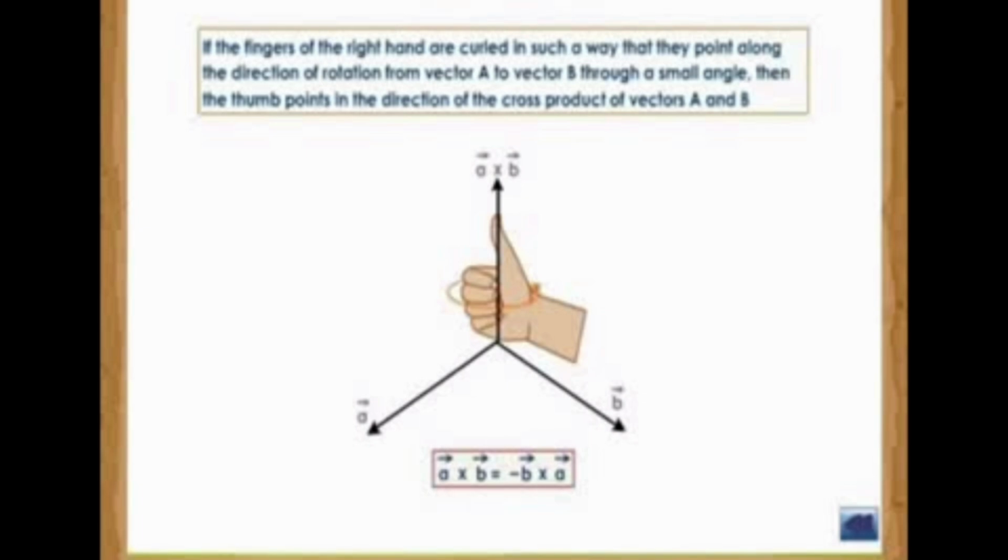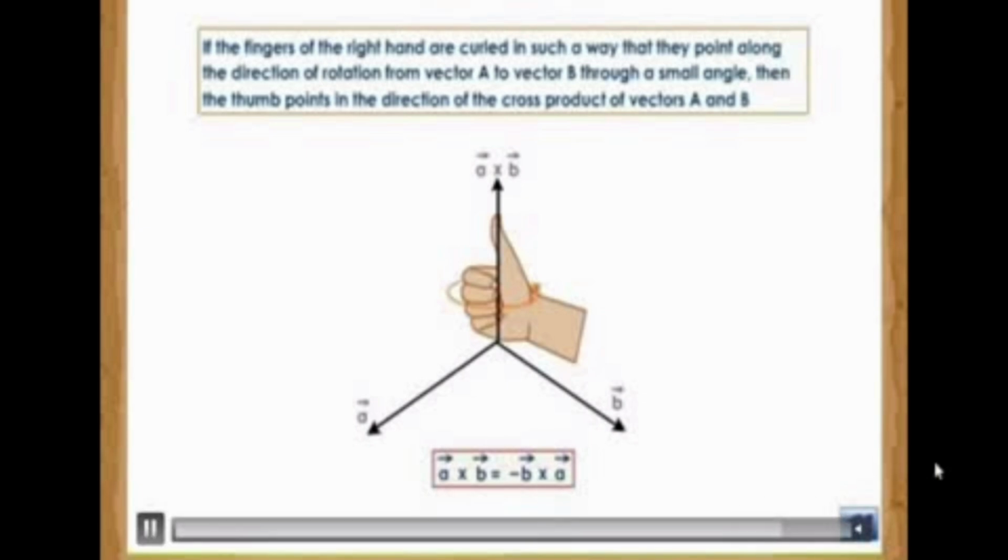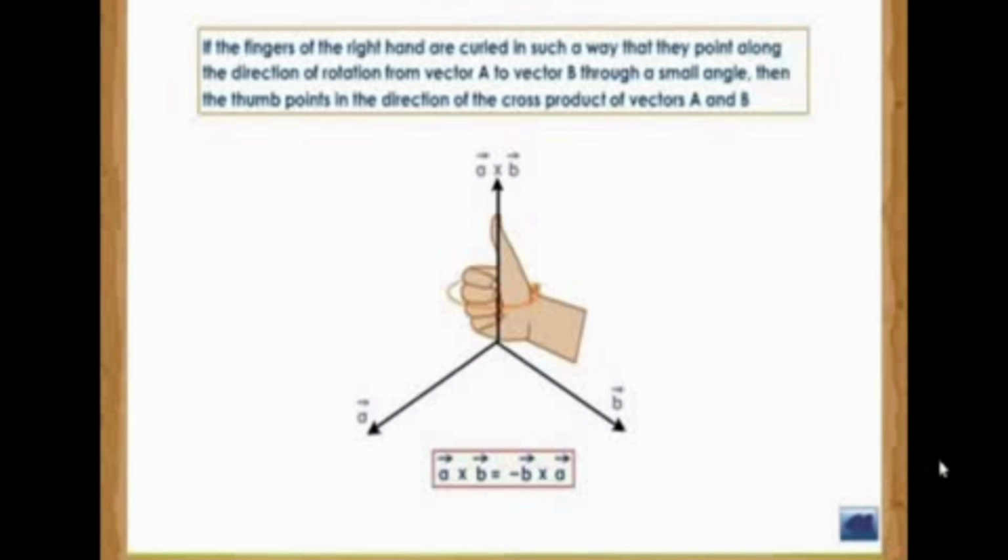Okay. So these are the properties of the scalar product and the vector product. The scalar product is the dot product: A vector dot B vector equals AB cos theta. The cross product: A vector cross B vector equals A B into sin theta.